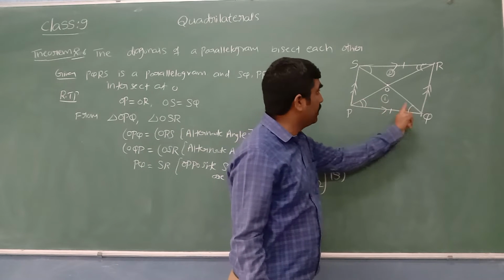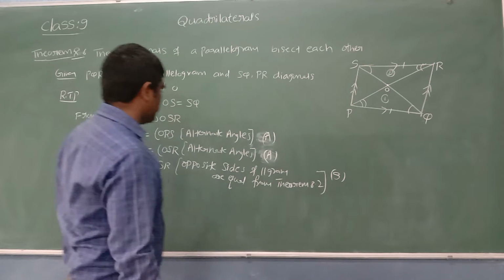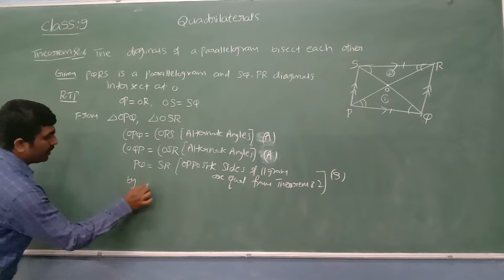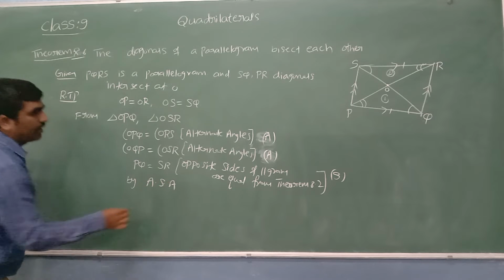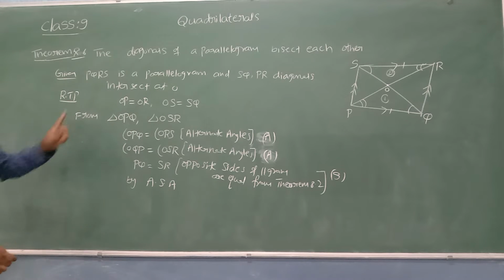Angle, side, angle. Now we can say that by ASA criteria, both triangles are congruent.